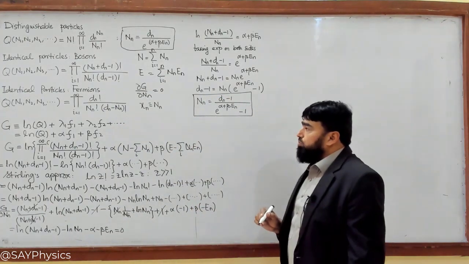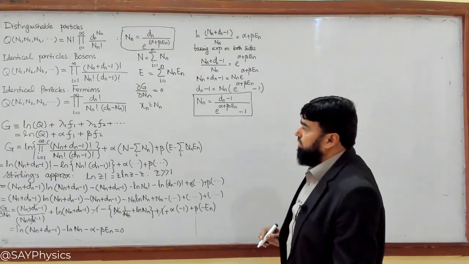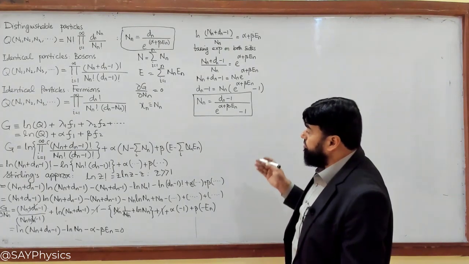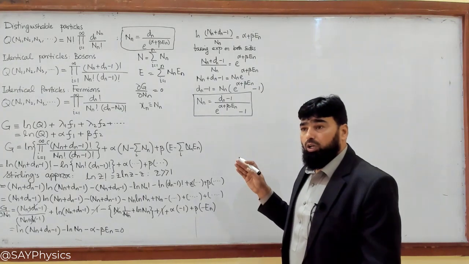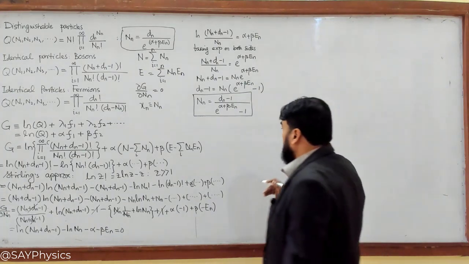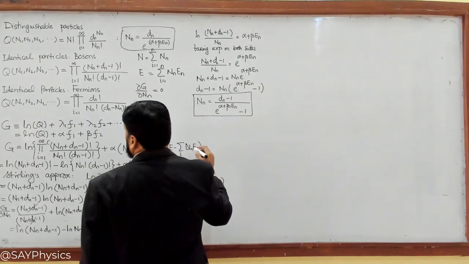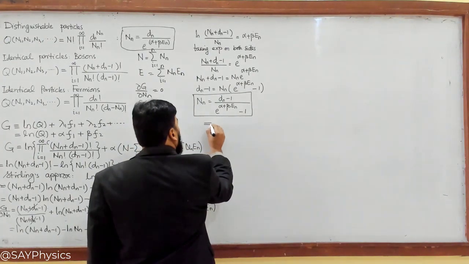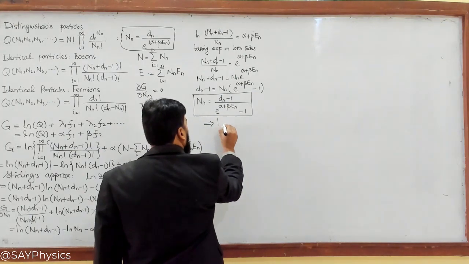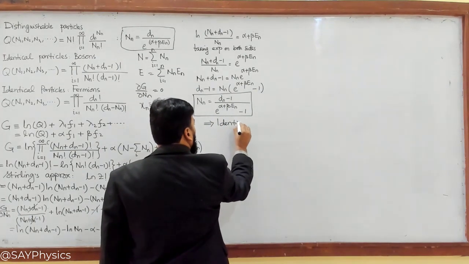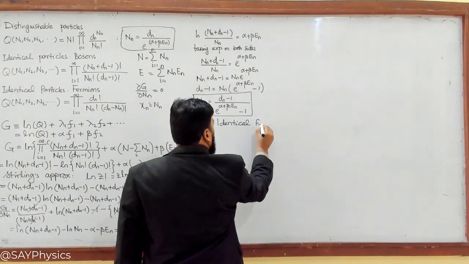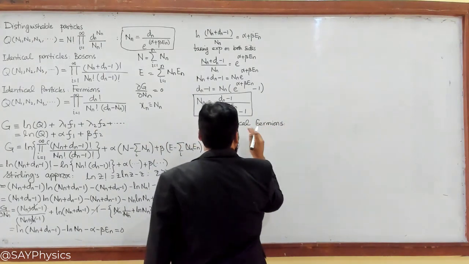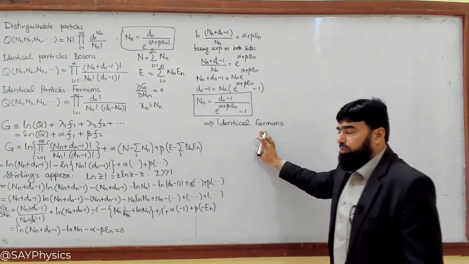And now we will move to the case of identical fermions. And for identical fermions, we will go through the same practice. So let's consider the identical fermions, meaning identical particles, and those particles are fermions.